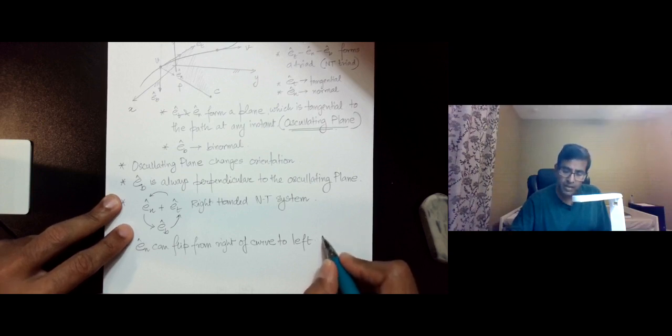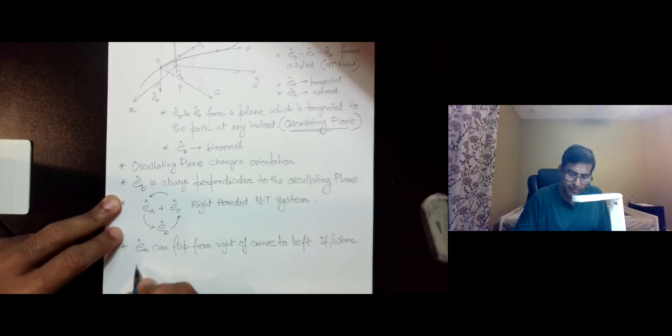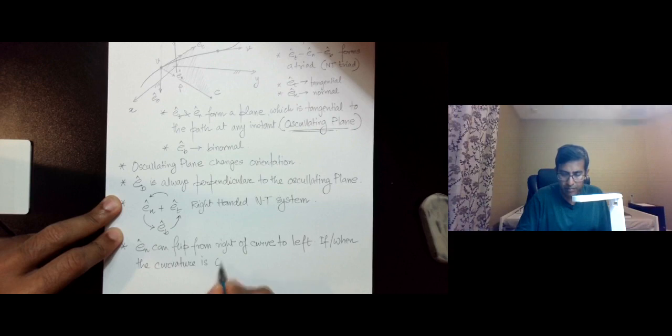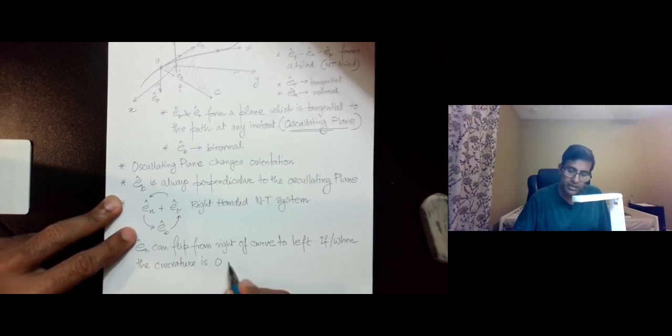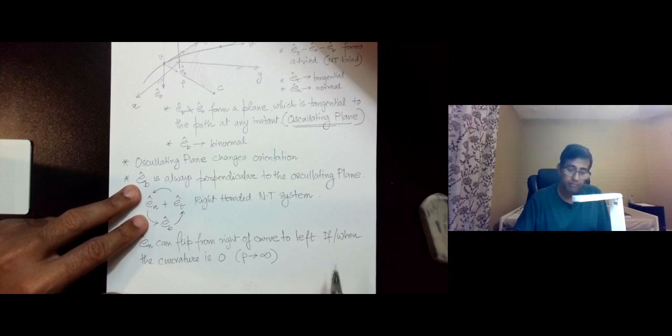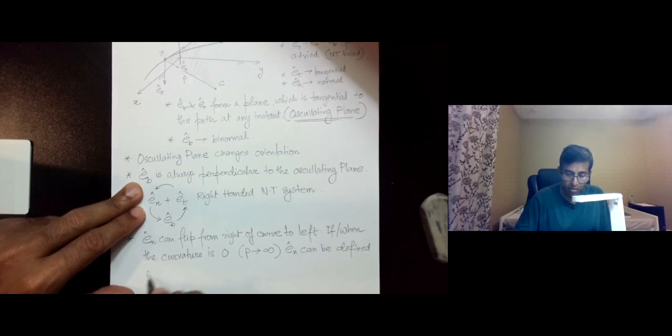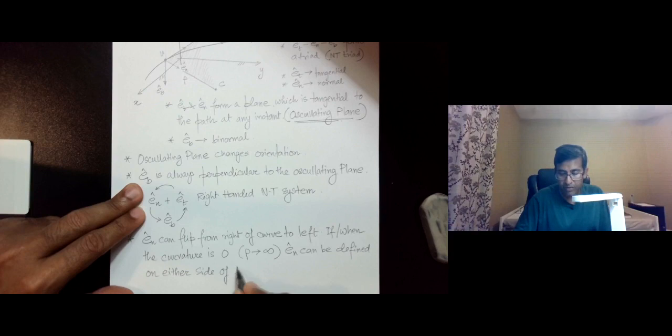So if or when the curvature is zero, which means rho goes to infinity, the radius of curvature goes to infinity, in that case En can be defined on either side of the path.